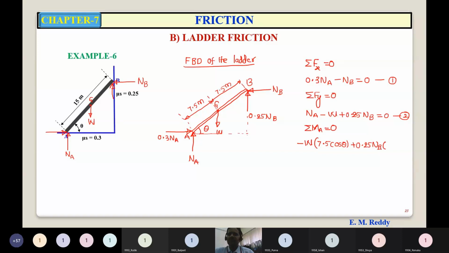The moment of NB is also anti-clockwise, plus NB into 15 sin theta. NB is horizontal, so the vertical distance is perpendicular, which is the opposite side. This is equal to 0. So W gets cancelled. Solving this, you can find the angle theta.